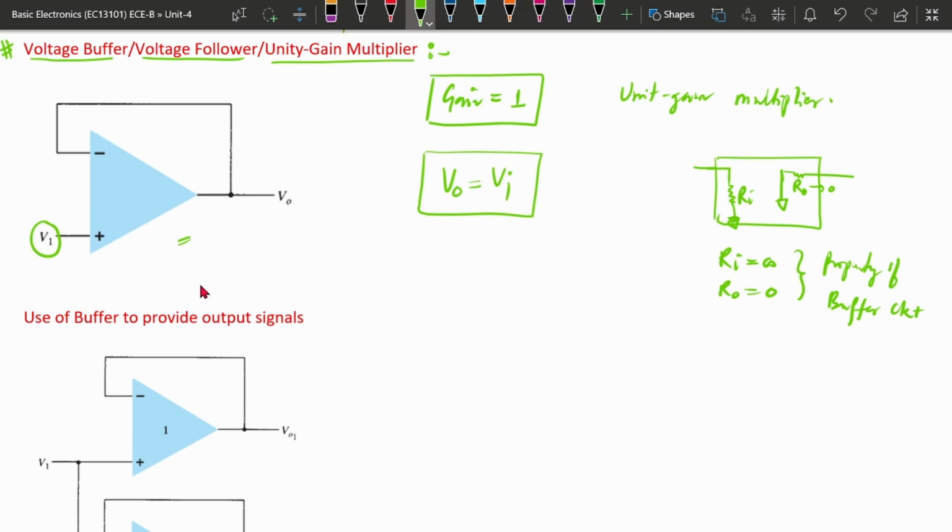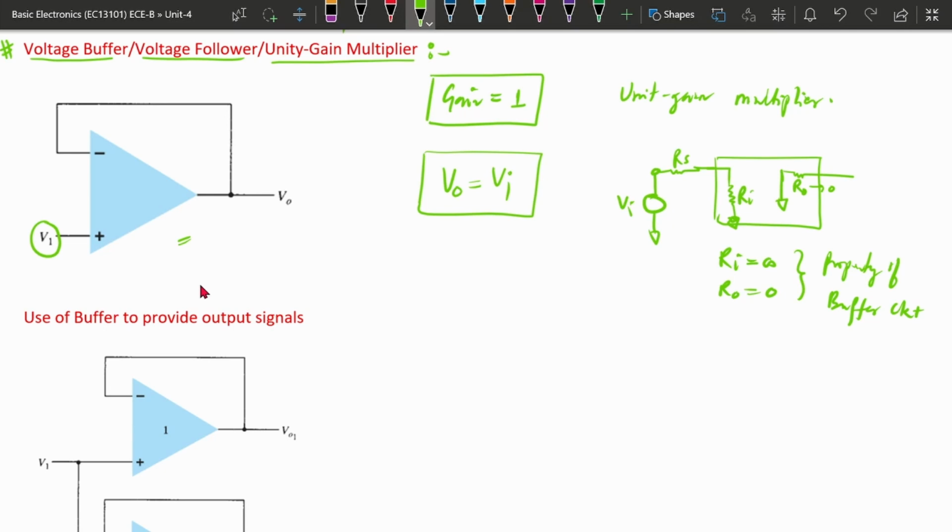So basically, to avoid the loading effect, we use the buffer circuit. Suppose we are providing input voltage with some source resistance RS.